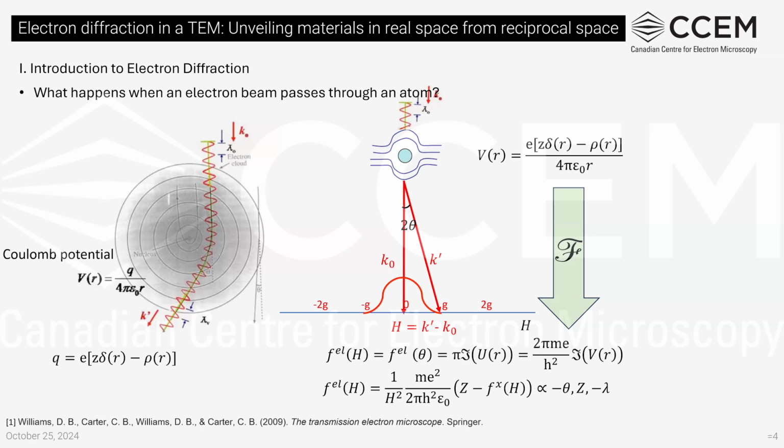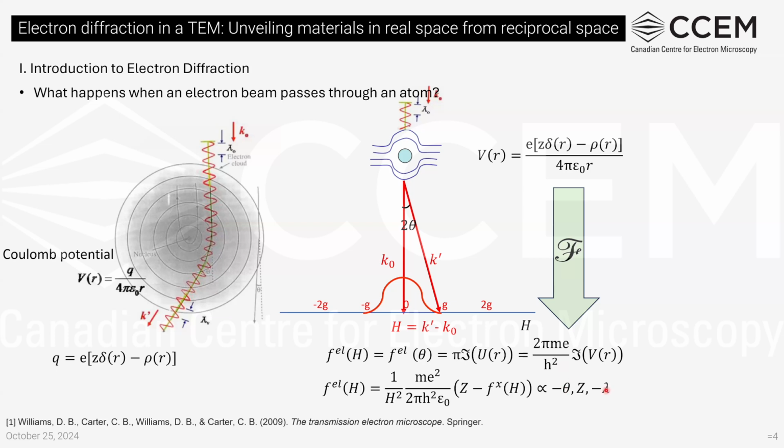For example, if it is a heavy element with an electron beam passing through it, you will get more electrons being diffracted. If the scattering angle, the 2 theta, increases, fewer electrons are diffracted there.